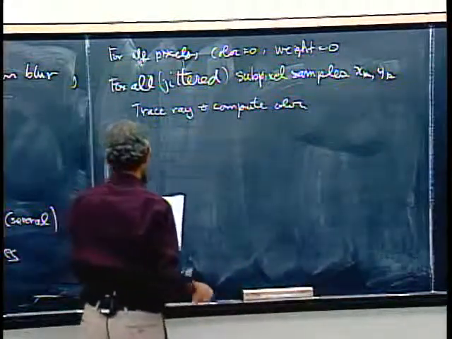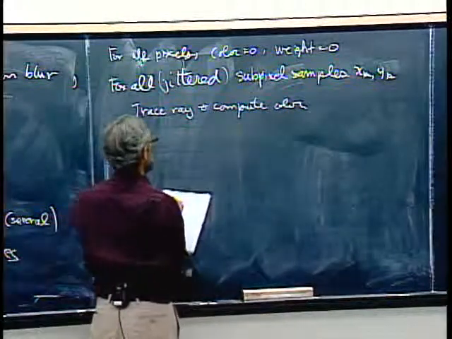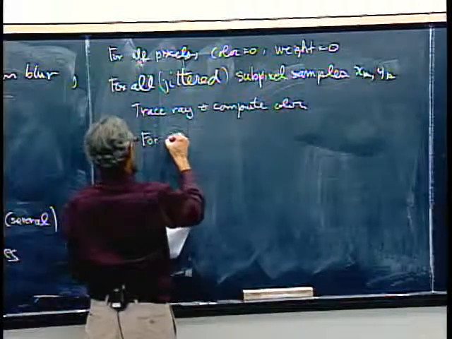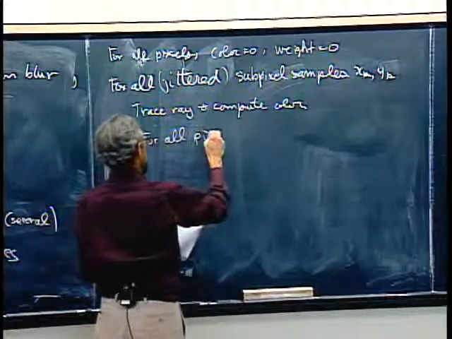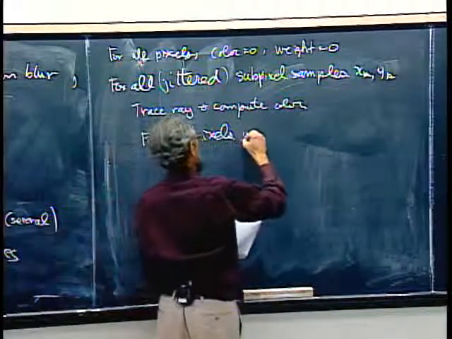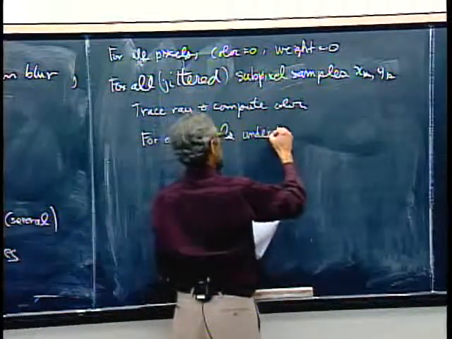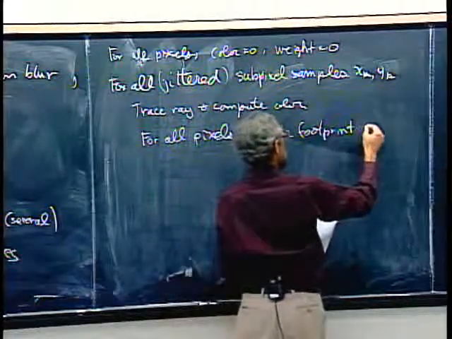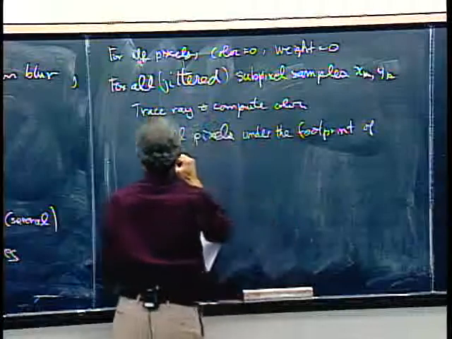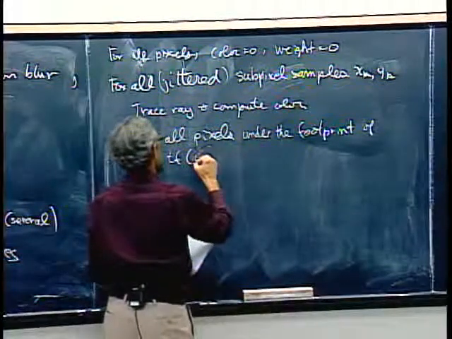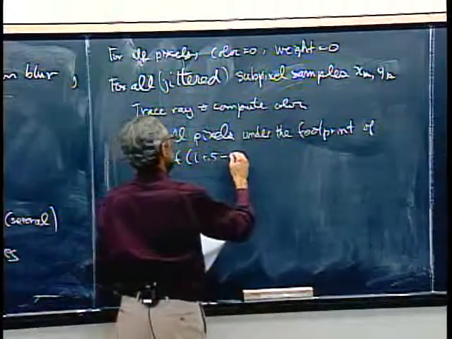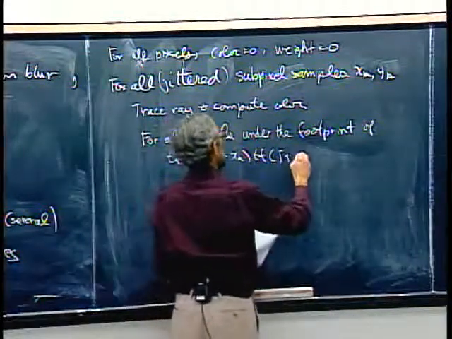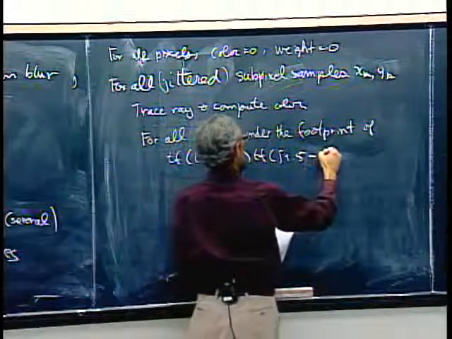And then our outer loop is going to be over the subpixel samples, and the inner loop is for all pixels under the footprint of TF(i + 0.5 - xk), TF(j + 0.5 - yk), right?